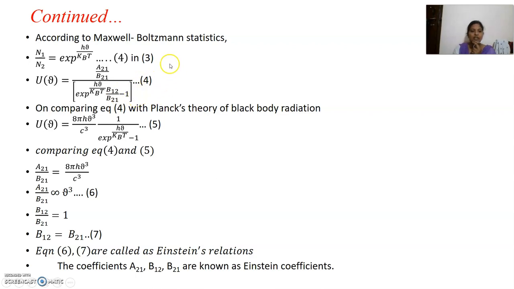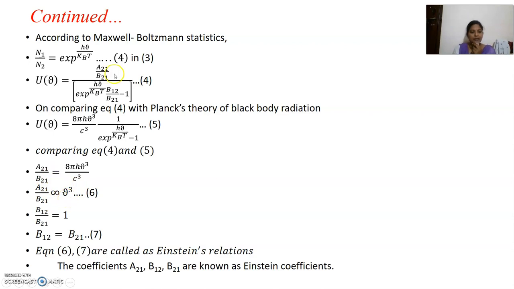Now compare your equation number 4 with Planck's theory of black body radiation, that is 8 pi h nu cube by c cube into 1 by exponential of h nu by k B T minus 1. So we are comparing equations 4 and 5. If you compare, we get A21 by B21 is equal to 8 pi h nu cube by c cube. This equation is called the Einstein coefficients relation, where this is directly proportional to nu cube.